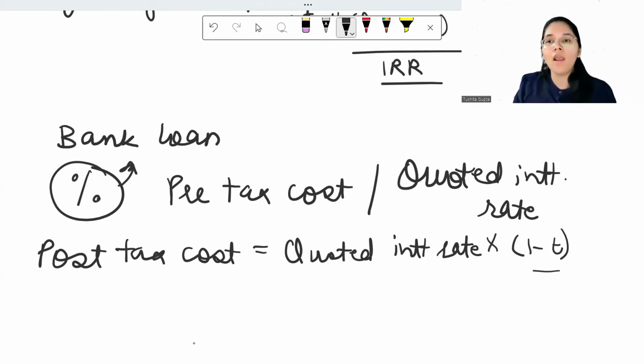Because we get certain tax benefit because of charging interest on our profits. Tax is only paid on profits which are left after the interest has been paid. So by paying interest, we actually reduce the profits and we reduce the tax payment. So this is why there's a tax benefit that we get on bank loans, and hence to calculate the post-tax cost, we just multiply it with 1 minus the tax rate. This is how you will arrive at the post-tax cost of a bank loan.